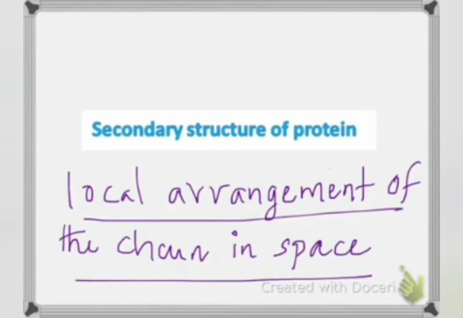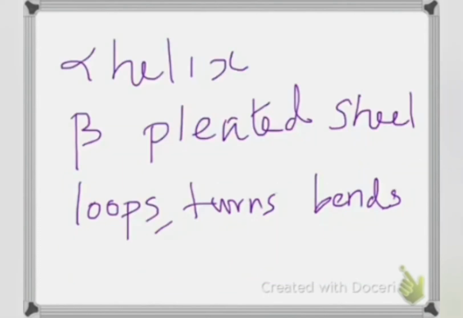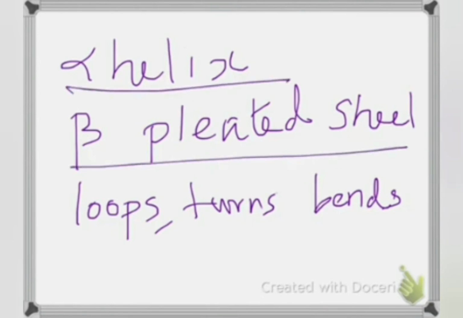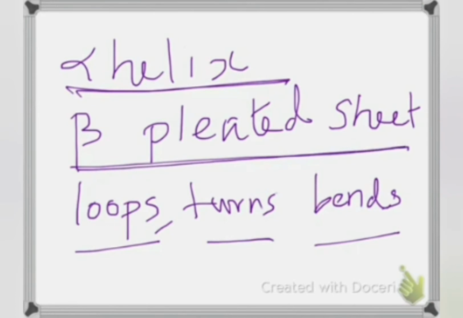The common secondary structures of proteins are the alpha helix and beta pleated sheet, and similarly the minor ones: loops, turns and bends.